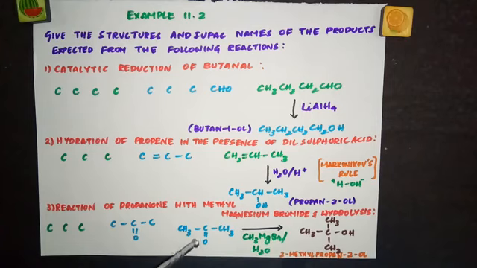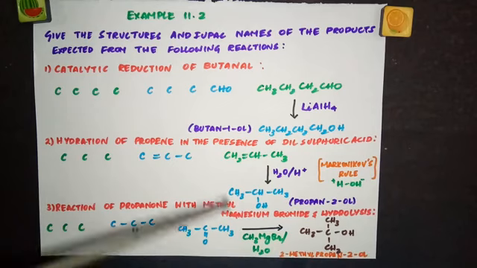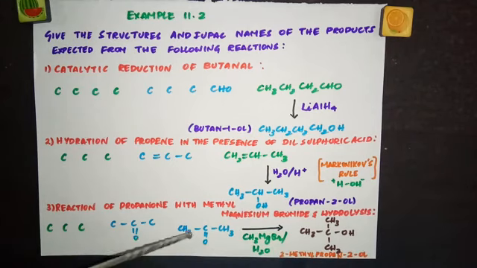So you are treating propanone with methyl magnesium bromide, CH3 MgBr, in the presence of H2O. Just now we have seen how to prepare alcohols from ketone using Grignard reagent. This is the Grignard reagent. Now what will happen? Already you have 2 CH3 and 1 CH3 from here will go here and this will become OH.